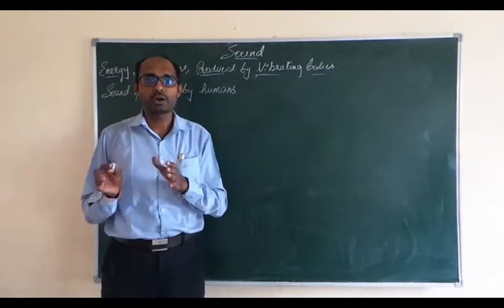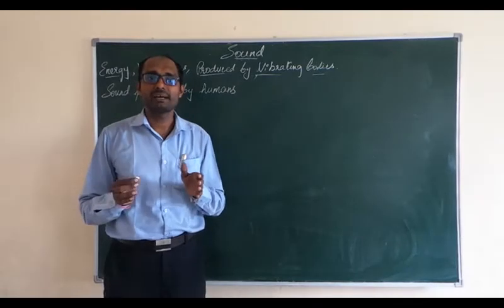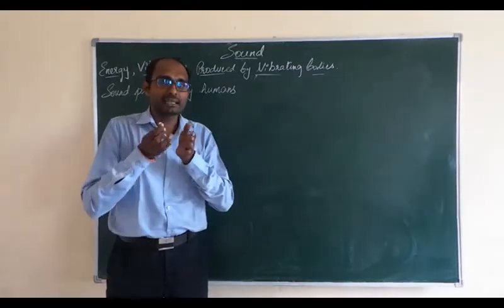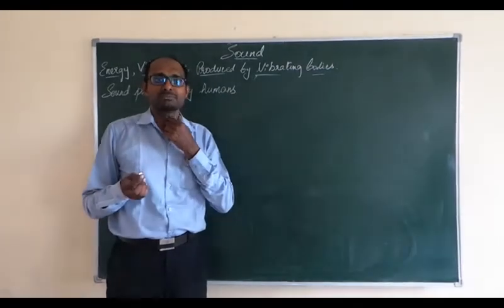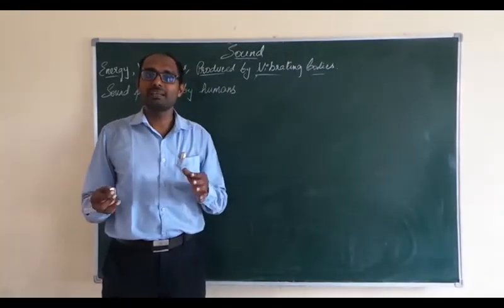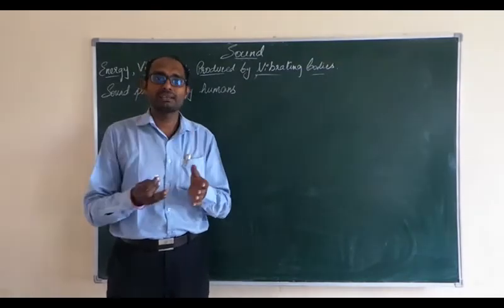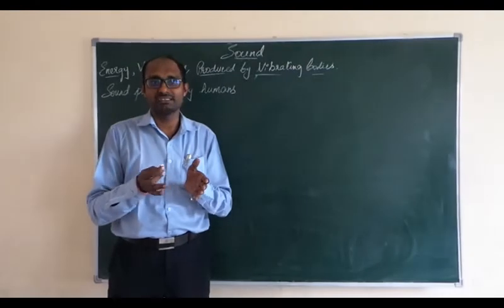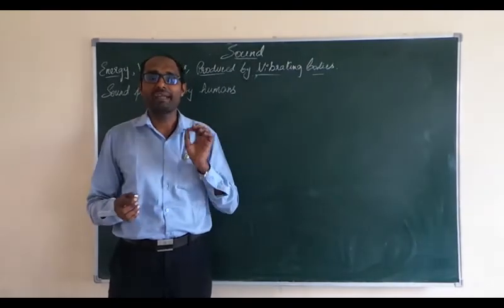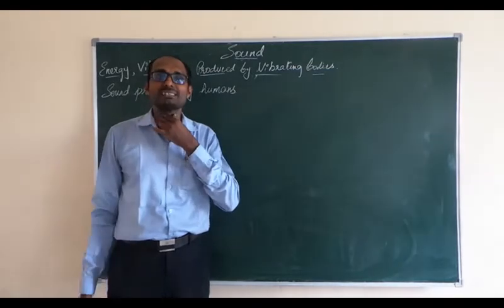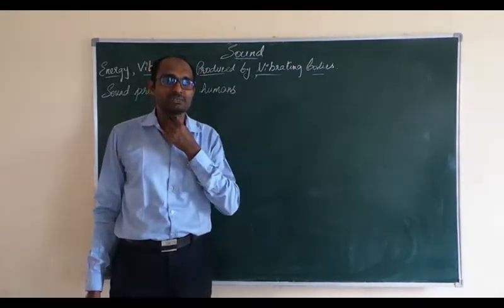So vocal cords are nothing but two strings which are connected to our voice box. Don't take the literal meaning that there are two strings or rubber bands attached in the throat. Here the string refers to a muscle. We have a pair of very fine muscles present in our voice box.